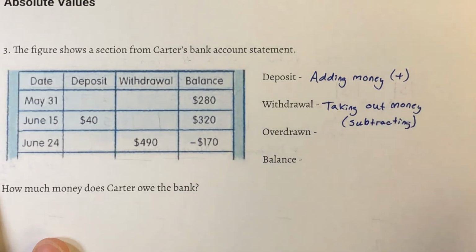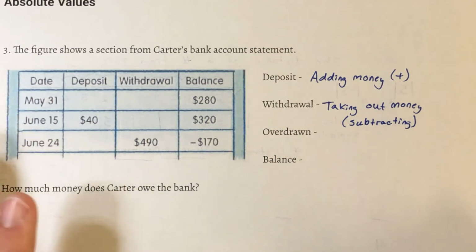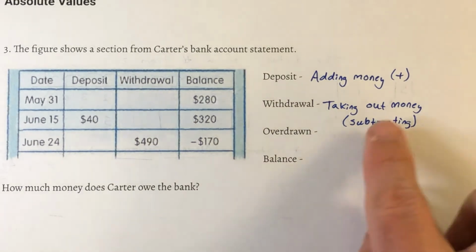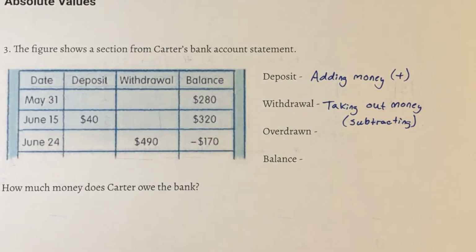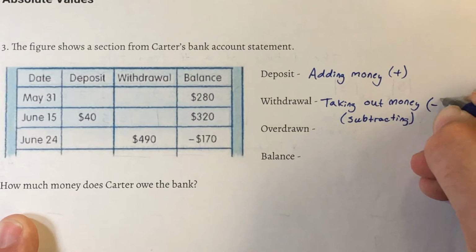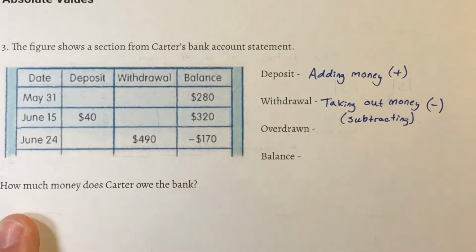So an example of this would be, I might want to go to the bank and make a withdrawal, meaning I'm going to take out some money. Maybe I want to go to Chick-fil-A and get some food. So I would be subtracting money from my bank account so I could go eat at Chick-fil-A, which is amazing. So again, that would represent negative or subtracting.